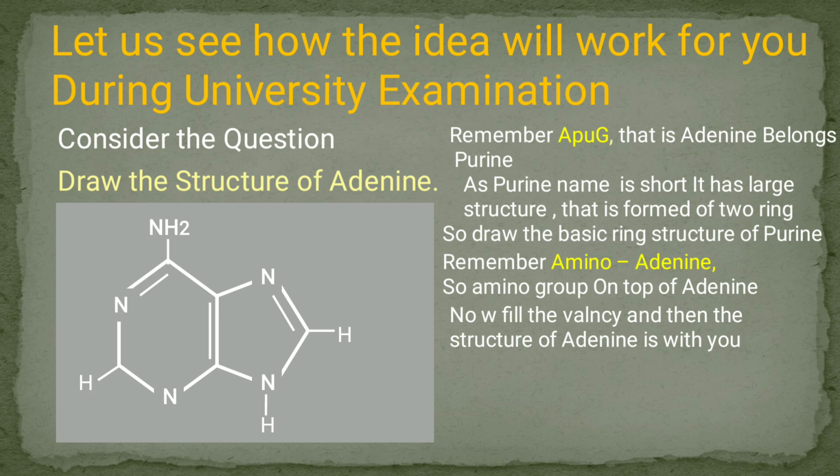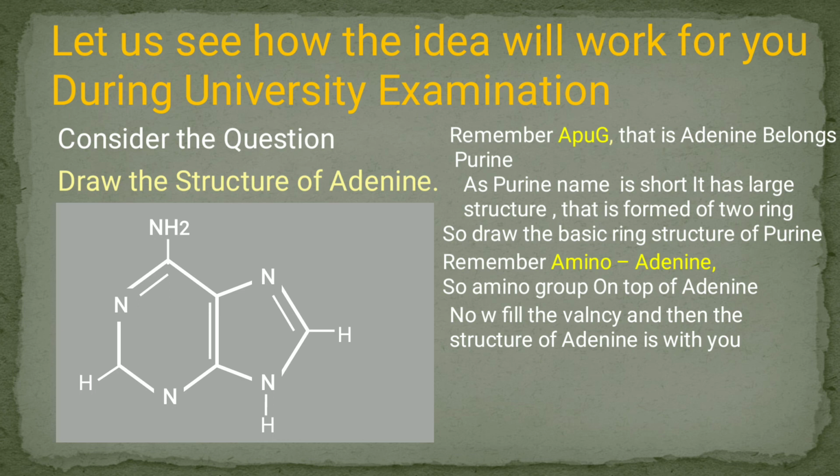To remember which contains 2 rings, you have to remember purine is having fewer letters, therefore more rings. Pyrimidine is having more letters and therefore fewer rings. So pyrimidine is having a single ring and purine is having a double ring.